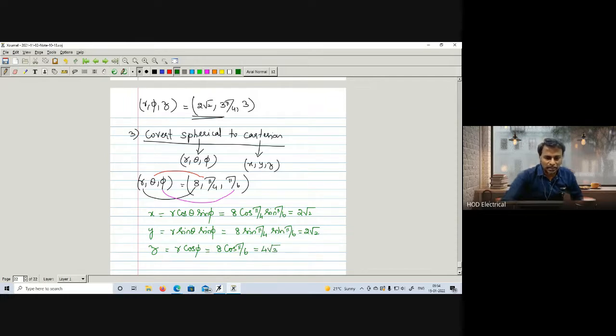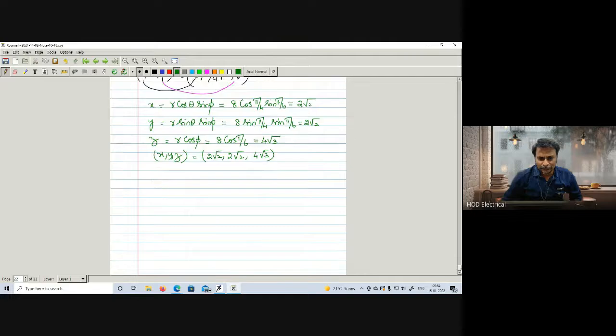So we can write now x, y, z is nothing but 2 root 2, 2 root 2 and 4 root 3. This is what we have ended up with.